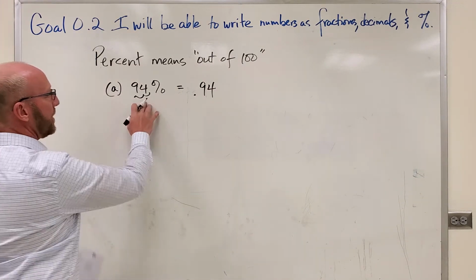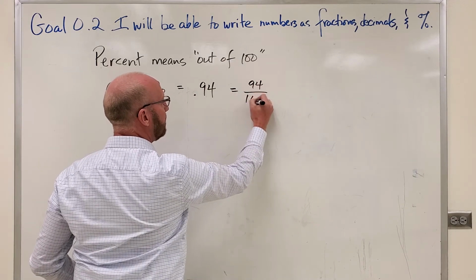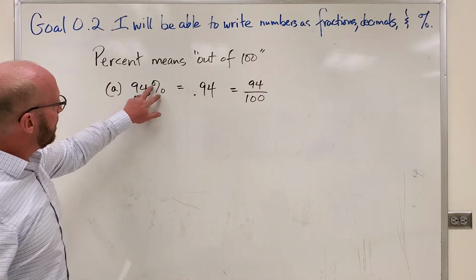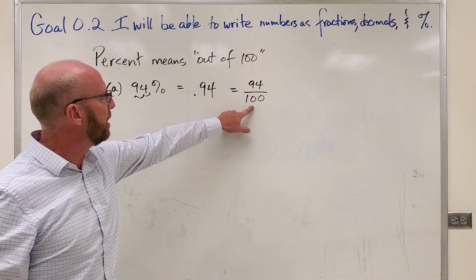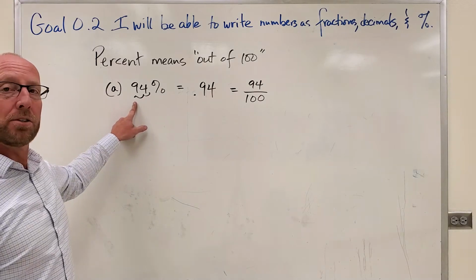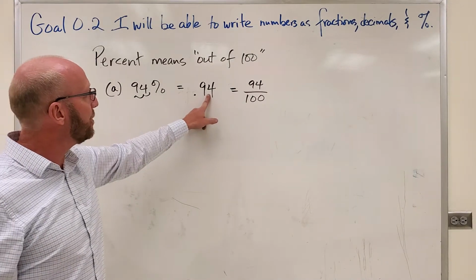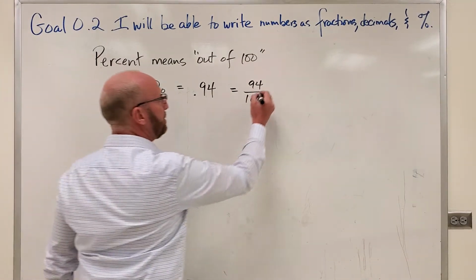I could write this as a fraction as 94 out of 100. So the percent sign means out of 100. 94 out of 100, or take the decimal point, move it back to be 0.94. 94 hundredths. But now I can reduce 94 hundredths.